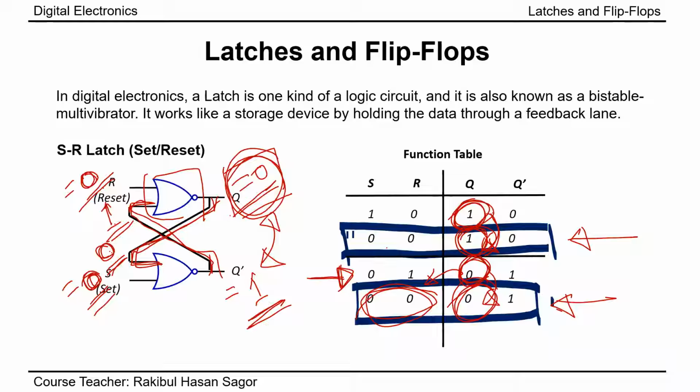We can conclude that the 0 0 input, for s equal to 0 and r equal to 0, gives an output where it holds the previous output. If the previous value of q is equal to 1, after giving 0 0 input, it will remain 1. If the previous value of q is 0, after giving 0 0 input, it will remain 0.